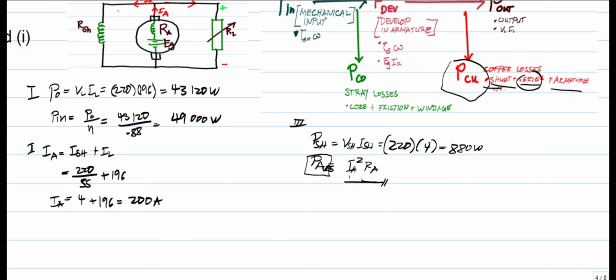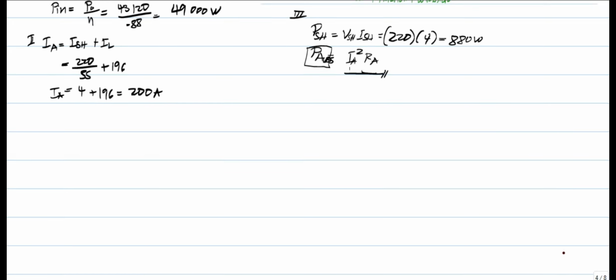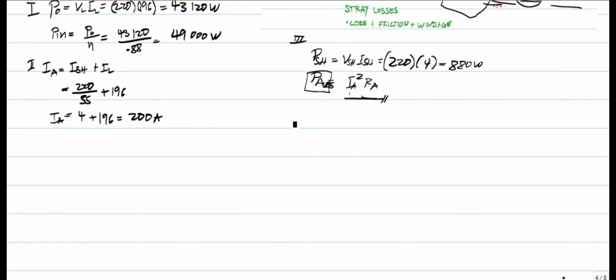Now let's write the P in formula. P in is equal to P output plus P total losses.